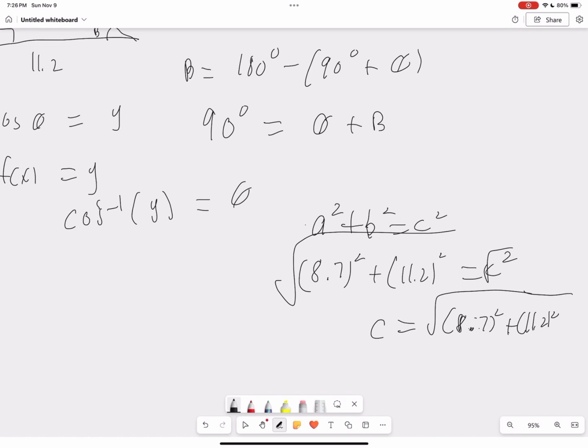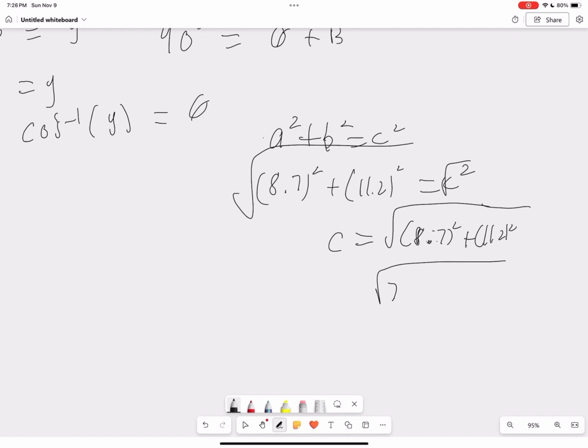So c equals the square root of 8.7 squared plus 11.2 squared. I'm not doing addition of square roots, that's not allowed. I'm just skipping some steps. 8.7 squared is 75.69, and 11.2 squared is 125.44.